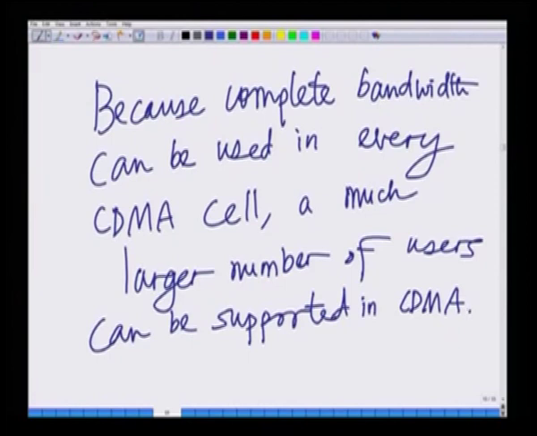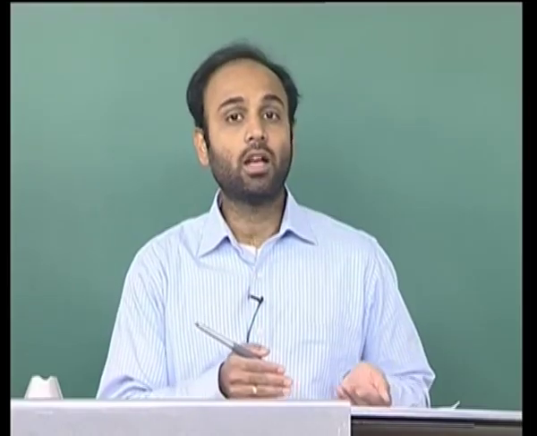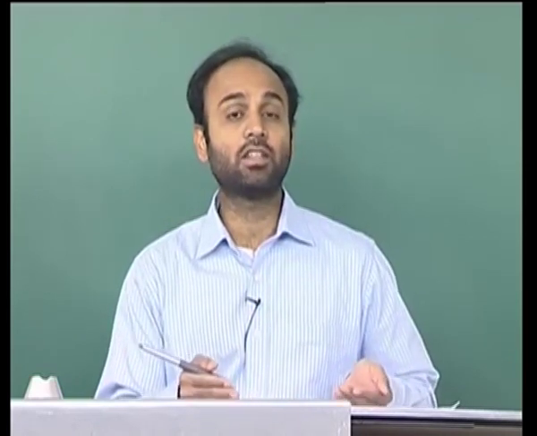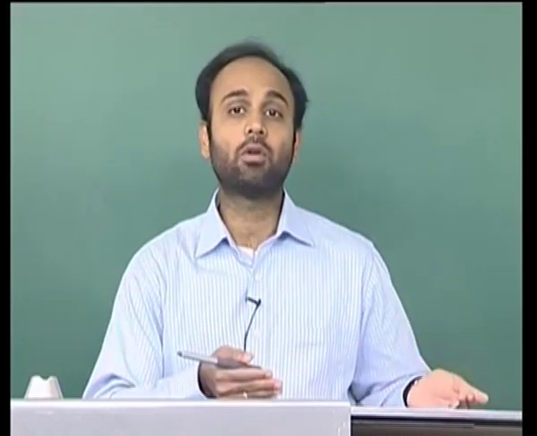How much larger? How many more users? Remember, we can only use a fraction 1/7 of the bandwidth in GSM. I can now use the complete bandwidth in every cell, which means I have 7 times the bandwidth I had previously. So, I can support 7 times the number of users that I could support earlier.